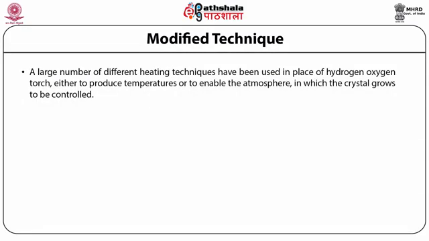A large number of different heating techniques have been used in place of the hydrogen-oxygen torch, either to produce higher temperatures or to enable the atmosphere in which the crystal grows to be controlled.